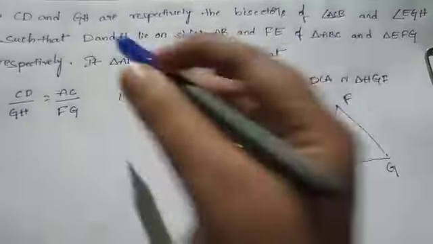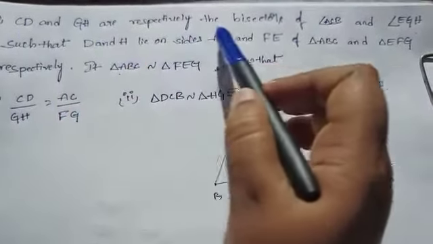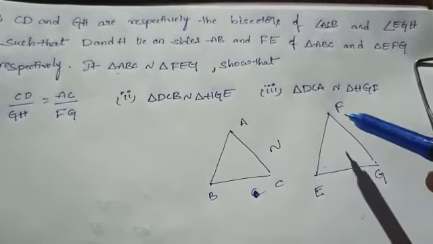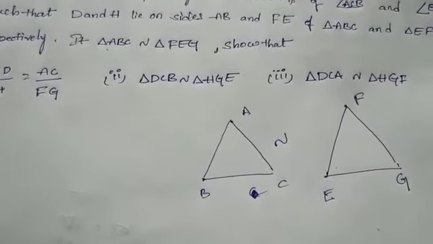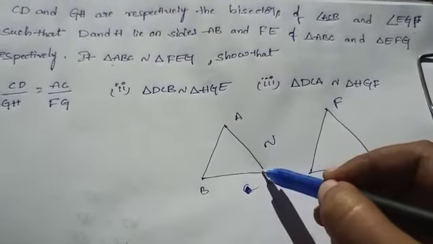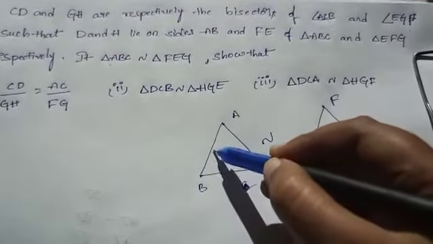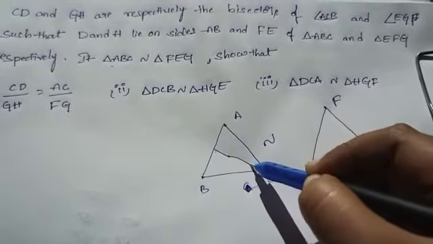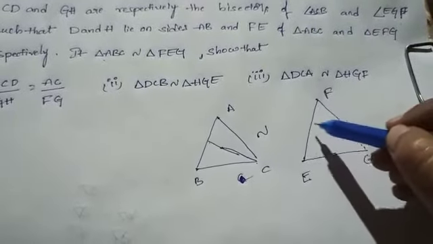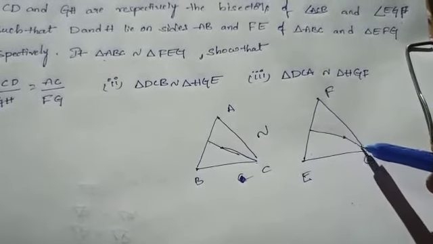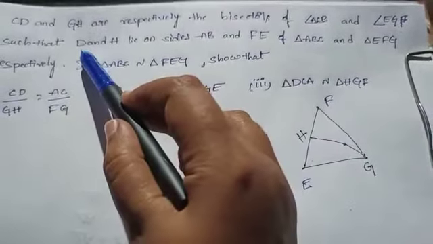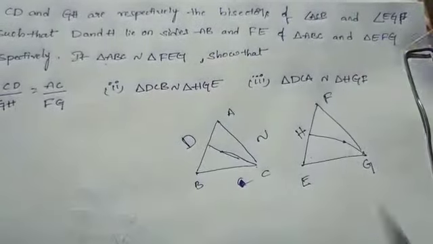And CD and GH are respectively the bisectors of angle ACB and angle EGF. So CD is the bisector of angle C and GH is the bisector of angle G. Okay. Here D lies on AB and H lies on FE.